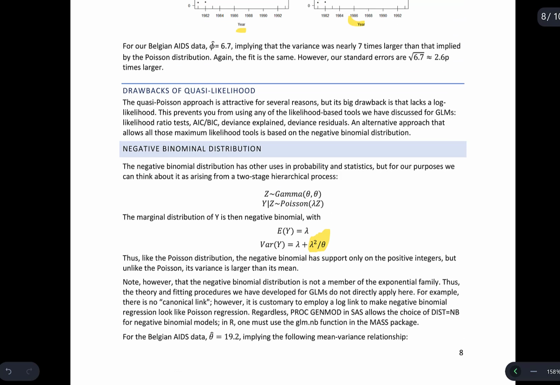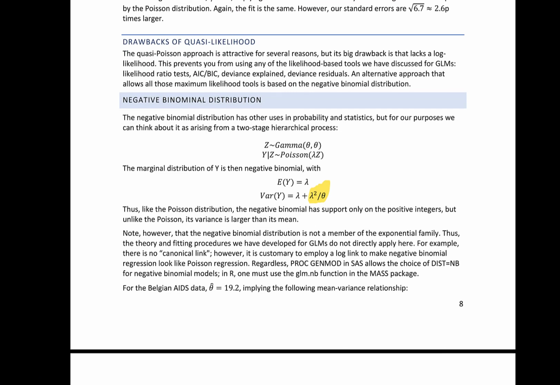So again, the big takeaway here is that the quasi-likelihood and the negative binomial distribution are each over-dispersion models. In other words, they allow us to account for the fact that the variance may not be equal to the mean, but neither of them is a perfect solution. With the quasi-likelihood, since we're just modifying the score function and not having an actual distribution, we can't use any of the likelihood tools we've seen.